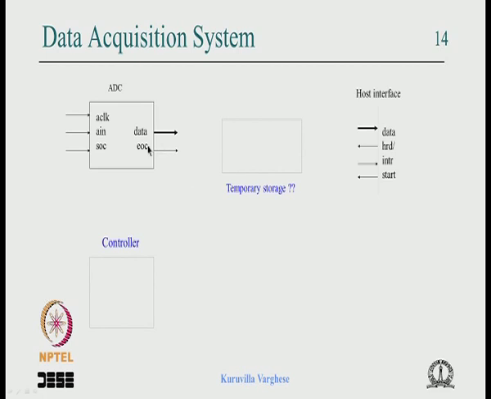That means the input side can write to any location and the output side can read from any location. But in our case, the data flows only in one direction, and we do not care about random access and all that.